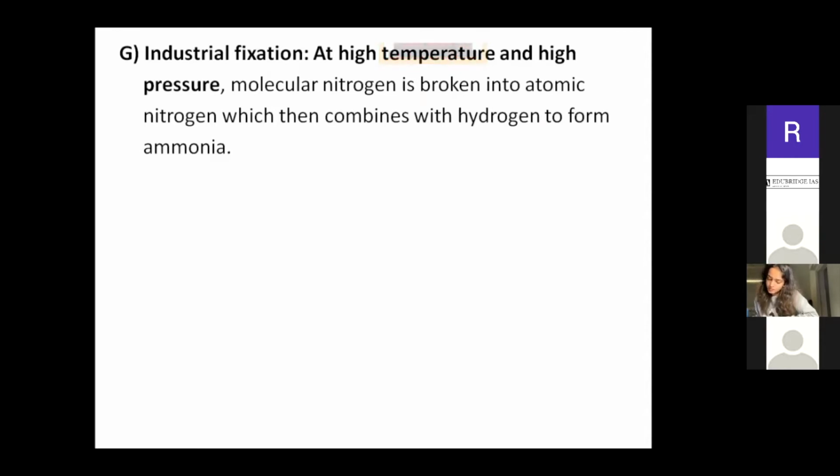Right? So in industrial activities, we can make ammonia, which is the form that can be used by plants, and that is nothing but a fertilizer.